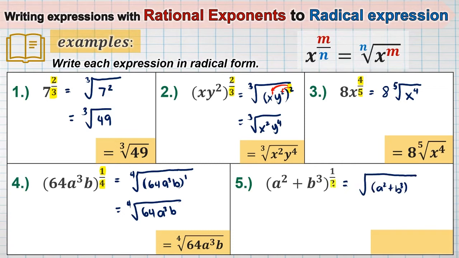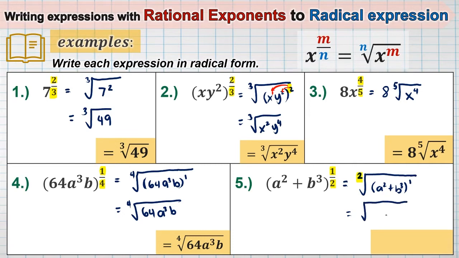Ngayon naman, itong denominator ng ating rational exponent will be the index 2. And then yung ating numerator will be the exponent of our radicand. So that will be 1. So once again, if in radical expression we have the index be equal to 2, kahit hindi na natin ilagay yan.